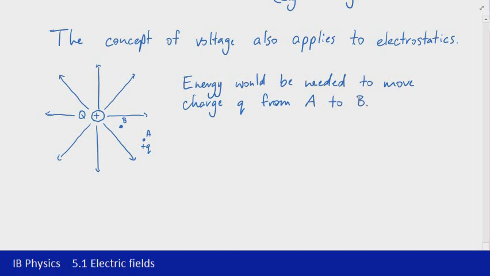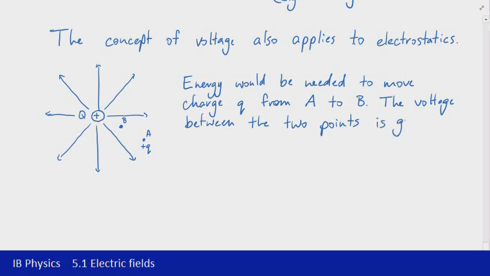We can calculate the voltage between those 2 points, and I'm going to use the same equation that we saw before, except we're going to have a little bit of an added extra by indicating the direction that we're looking at.